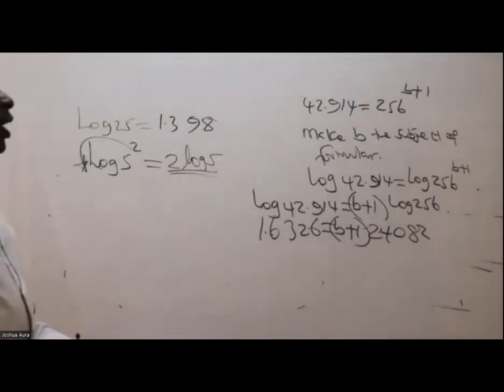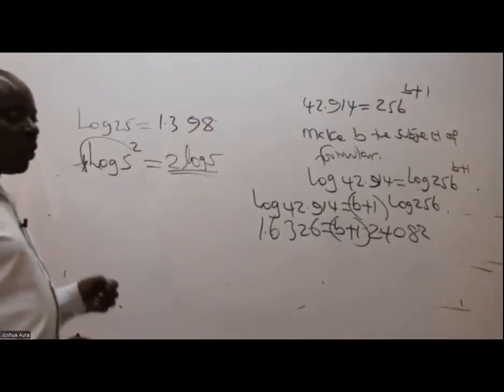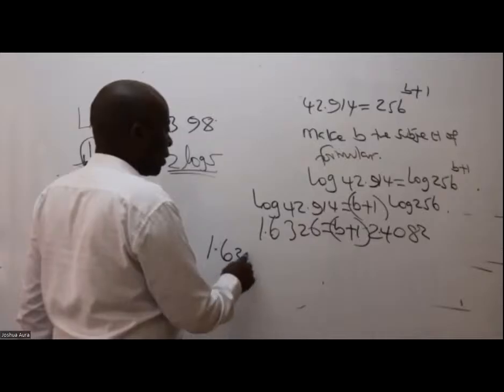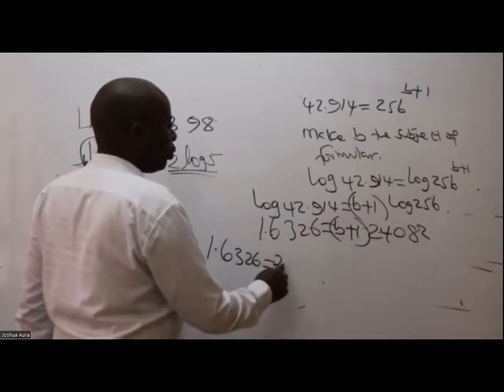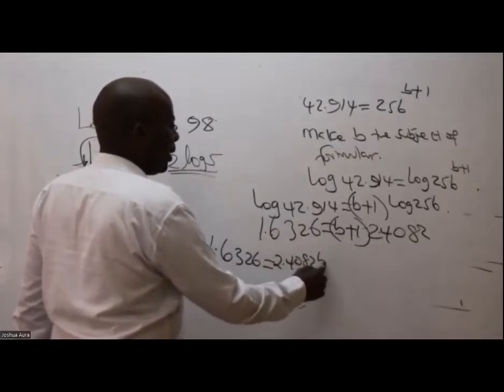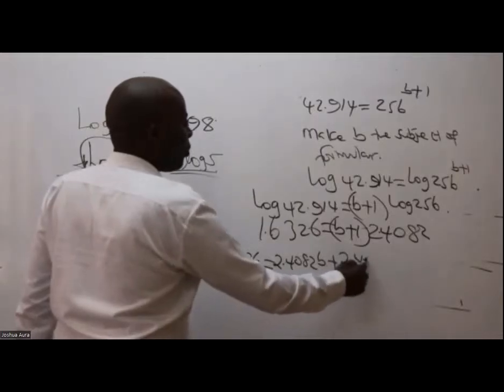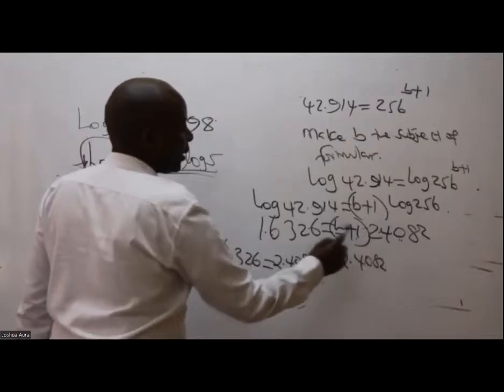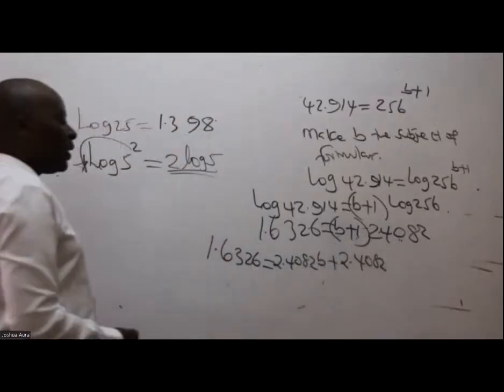Now, I would want you guys to proceed till you give me the value of b. So this will be 1.6326 equals 2.4082b plus 2.4082, like that, when I spread this inside.